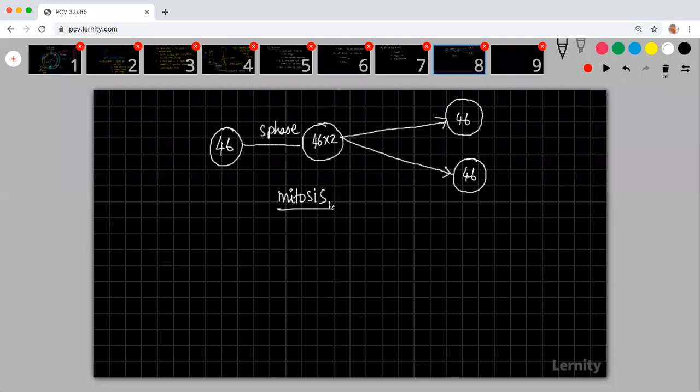Very simple. It will happen in growth cells, or somatic cells. So what is mitosis?